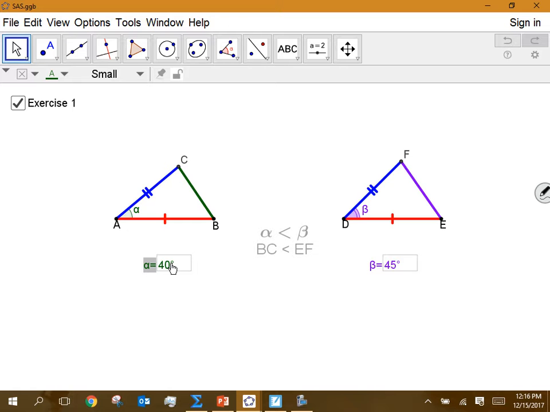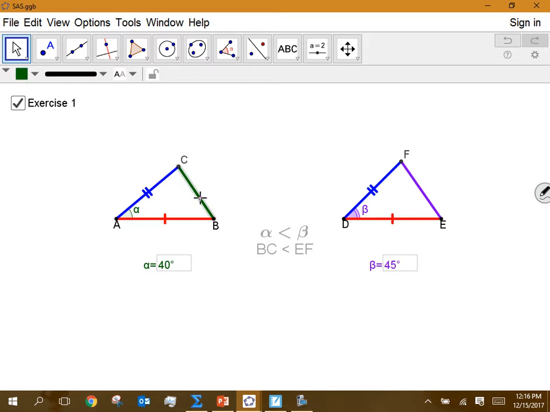So now you see that when alpha, that included angle, is less than beta, this included angle, that angle right there and that angle right there are different in that one is smaller.